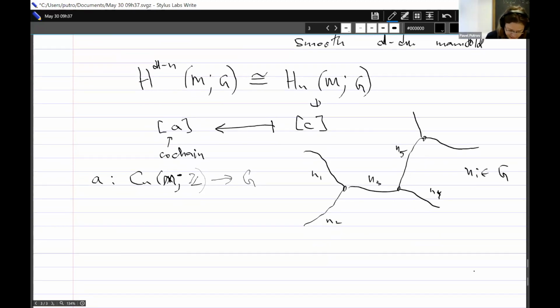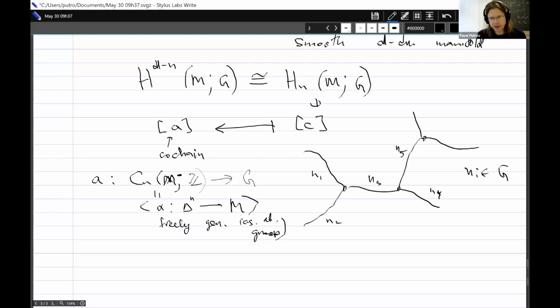This group is generated, as an abelian group, freely generated by singular n-simplices, which are maps from delta n to X. Because an arbitrary element is just a linear combination of these generators with integer coefficients.